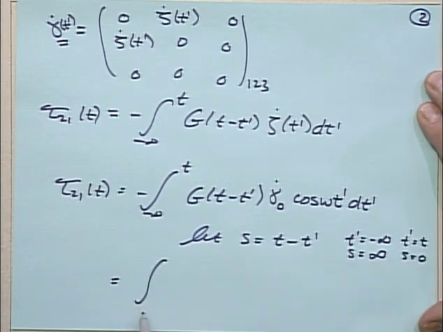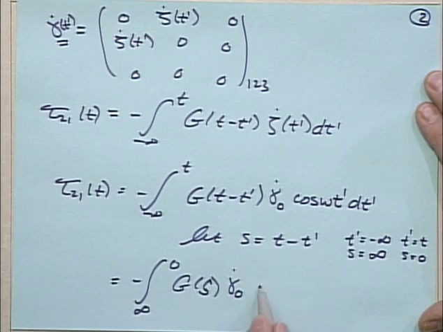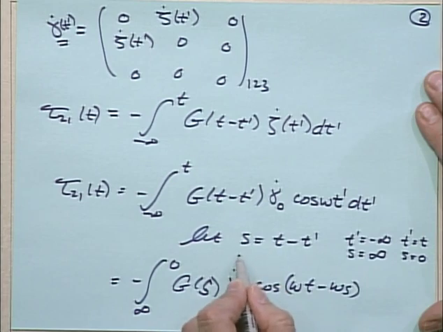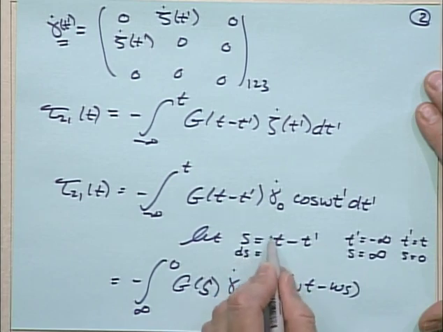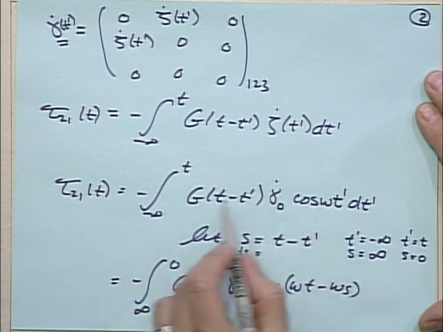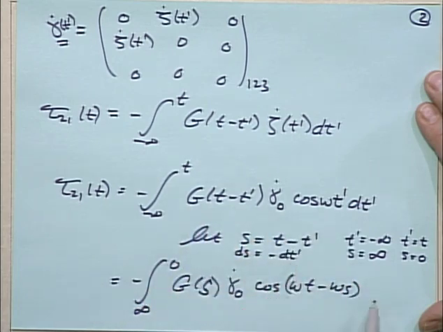So it's the integral from infinity to 0 of g of s, gamma dot naught, which is a constant, I can move that out, cosine omega t prime is equal to t minus s. Now dt prime, ds equals, this t is a constant with respect to this integral, so it's minus dt prime. And then there's a minus sign.